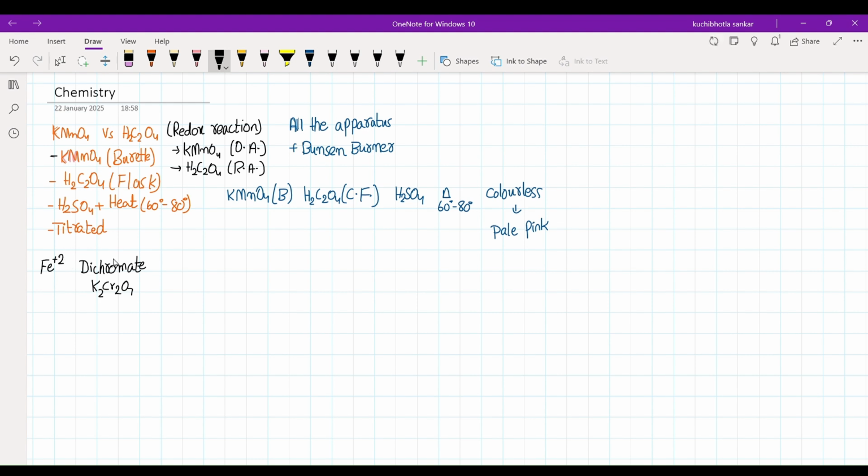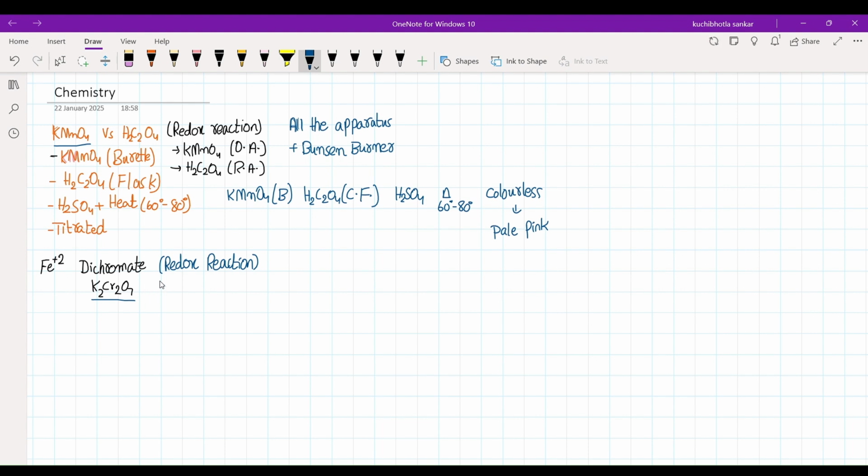So we are going to perform a titration between these two chemicals. We are going to write the aim, apparatus, principle. For the principle, it is a redox reaction as well. Since KMnO4 and K2Cr2O7 are involved, we can directly say it is going to be a redox reaction.